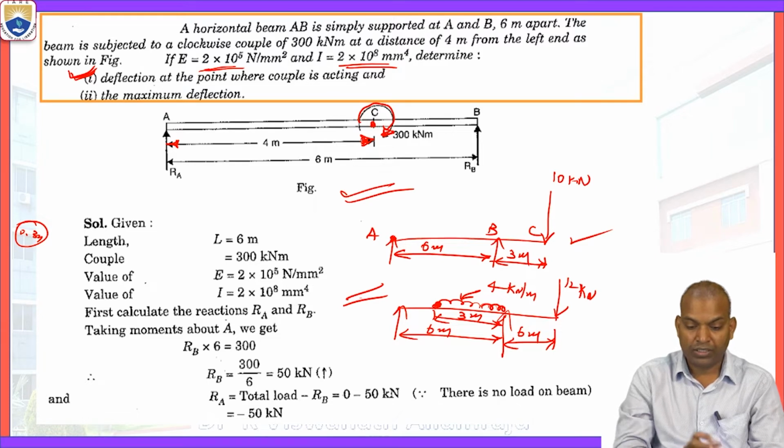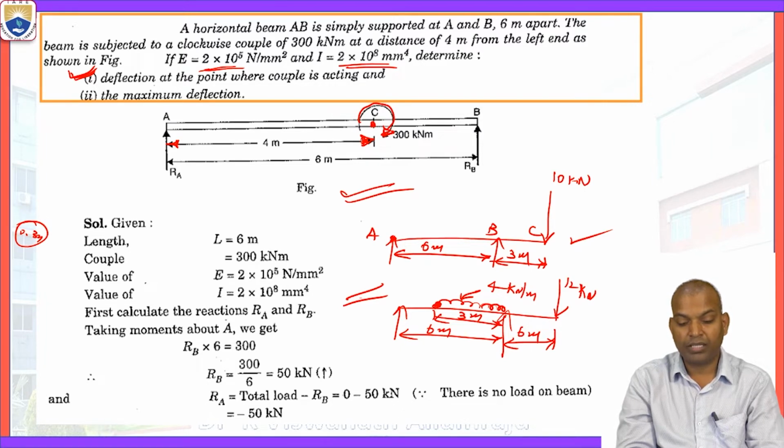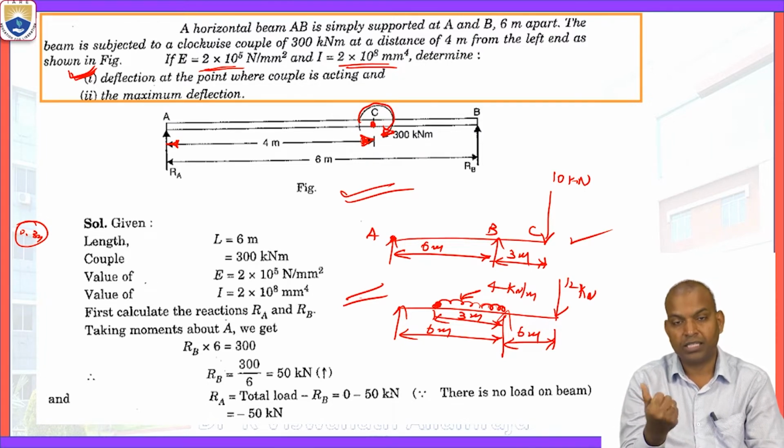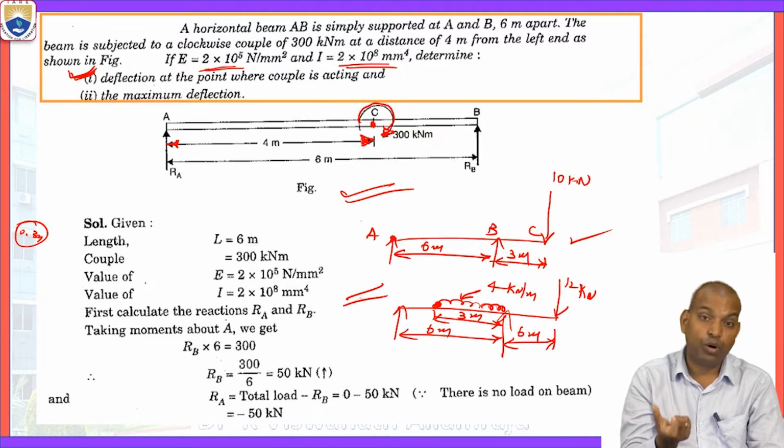Compared to the previous cases, here a uniformly distributed load is combined with a concentrated load over an overhanging beam.